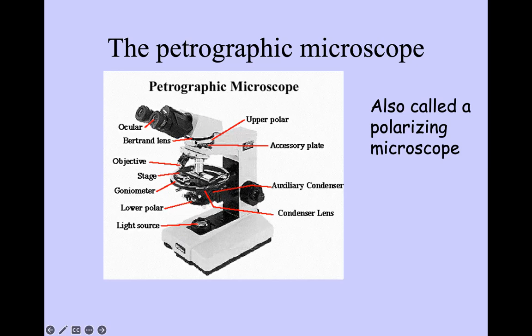Actually, this is the second polarizing unit, which is not necessary always. When you need it only, you can put it. That means it's a sliding component; you can slide it out and slide it in. But this is not adjustable, it's fixed. So these are very important components of the polarizing microscope.